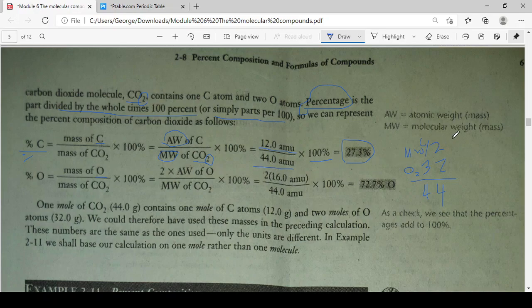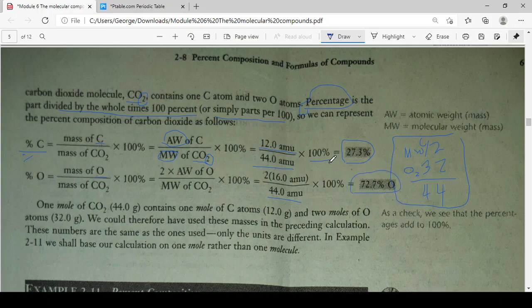The 44, as explained there, kids, is the molecular weight of your carbon dioxide. 12 plus 32 is equal to 44. 2 times 16 is equal to 32. So, 32 divided by 44 times 100 is equal to 72.7% of your oxygen.